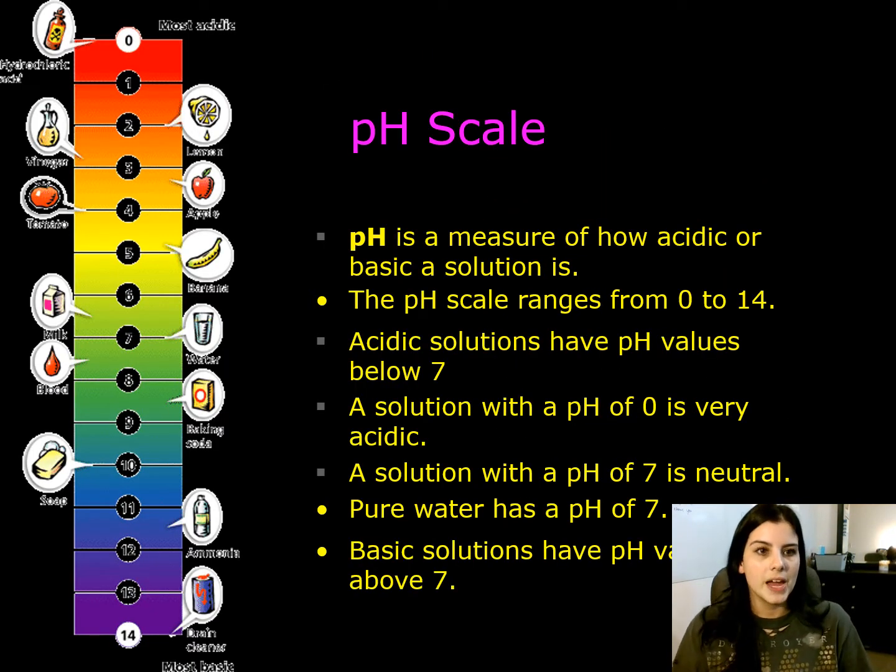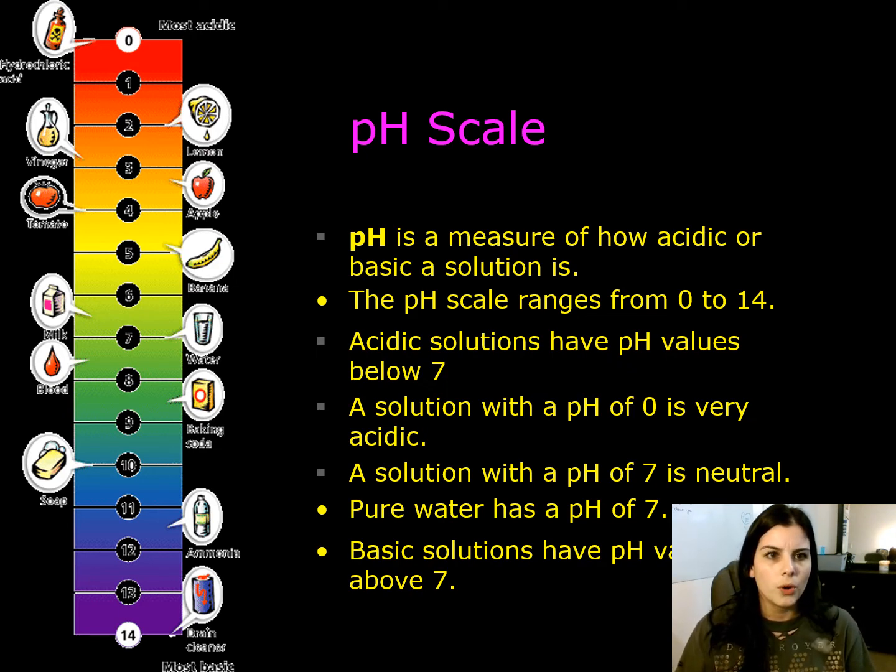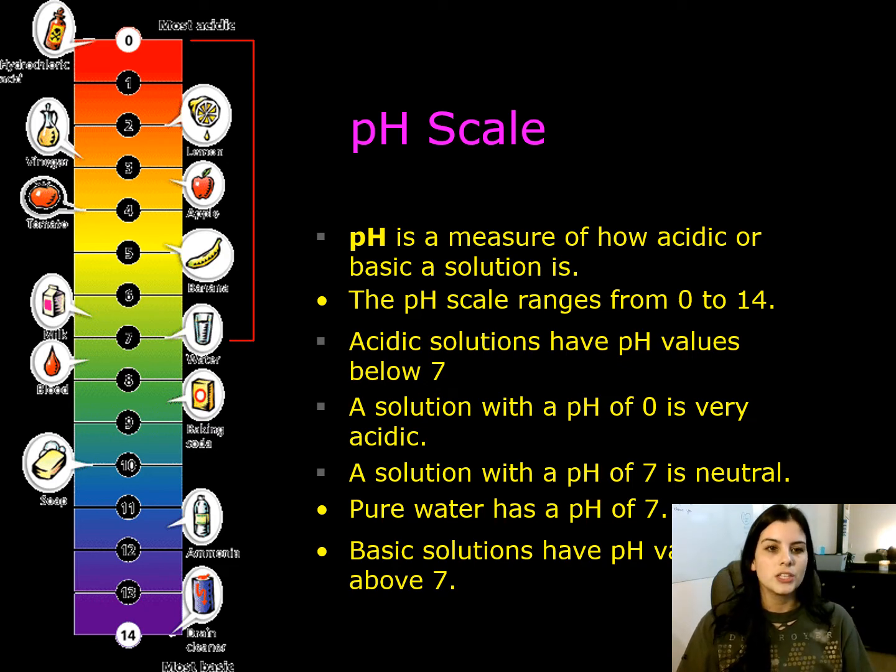All right, the pH scale. Wow, look at this beauty right here. So we have our pH scale going from 0 to 7. Wow, I just killed it drawing that line. So from 0 to 7, I chose red because acids turn litmus paper red.